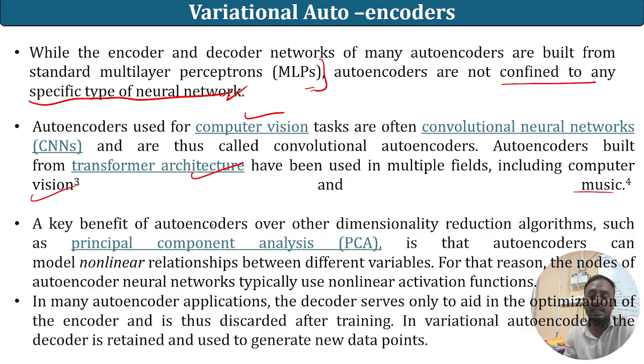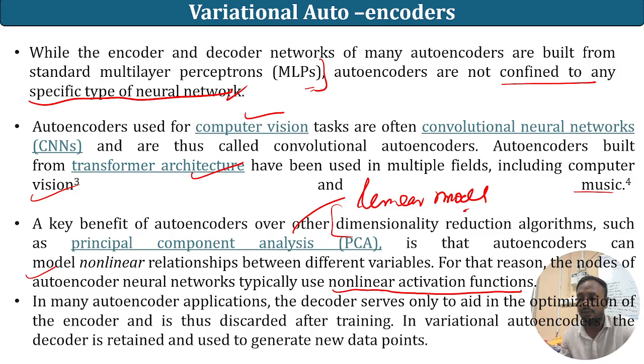A key benefit of the autoencoder over algorithms like PCA is that an autoencoder can model non-linear relationships. PCA is actually for linear models. For that reason, the nodes of the autoencoder neural network typically use a nonlinear activation function.